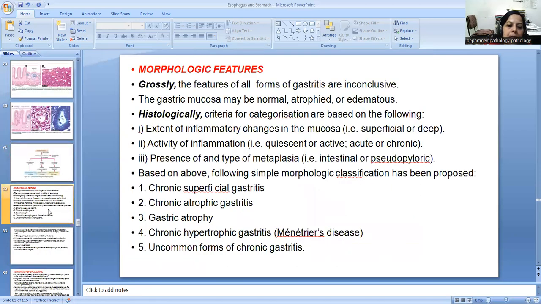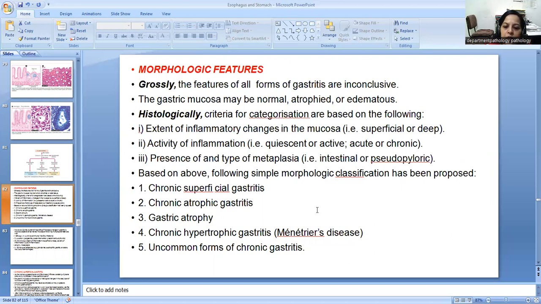And the morphological features: if we talk about grossly, the features of all forms of gastritis are inconclusive. Gastric mucosa may be normal, atrophied, or edematous. Histologically, there can be categorization based on the following: extent of inflammatory changes in mucosa, activity of inflammation, and presence and type of metaplasia.